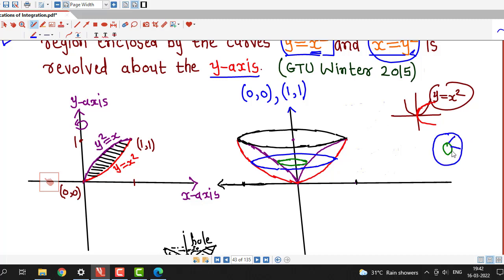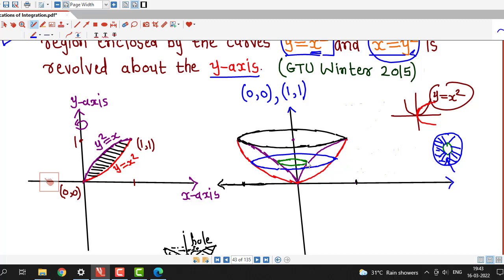So the area between two circles is a washer, which we have shown here in two dimensions. If we visualize it in three dimensions, the washer will look like this region between two circles. So the area of this washer is the area of the outer circle minus the area of the inner circle.